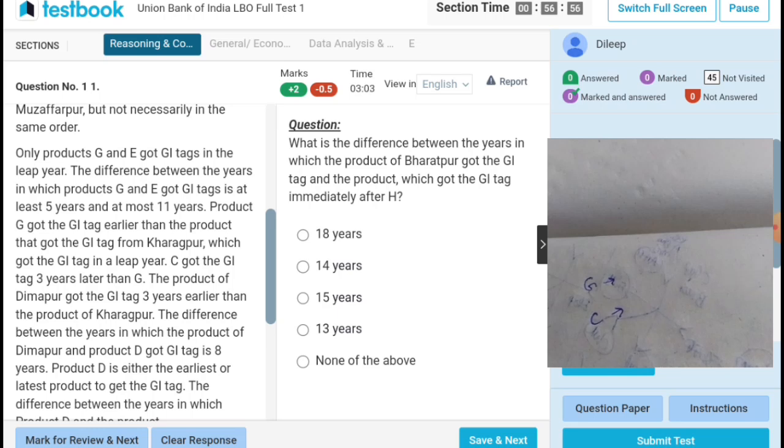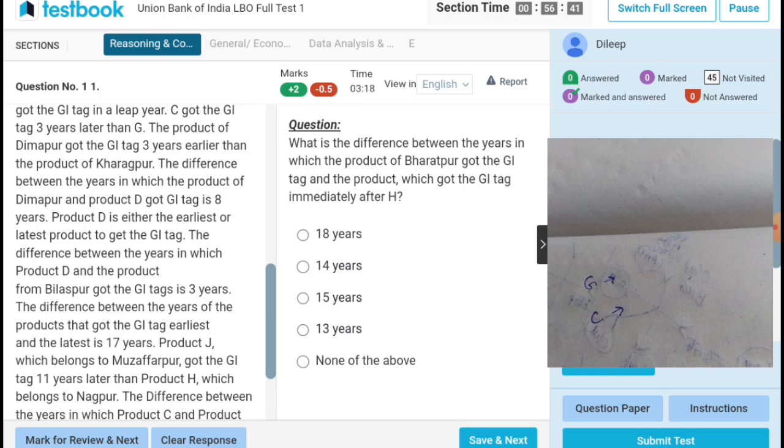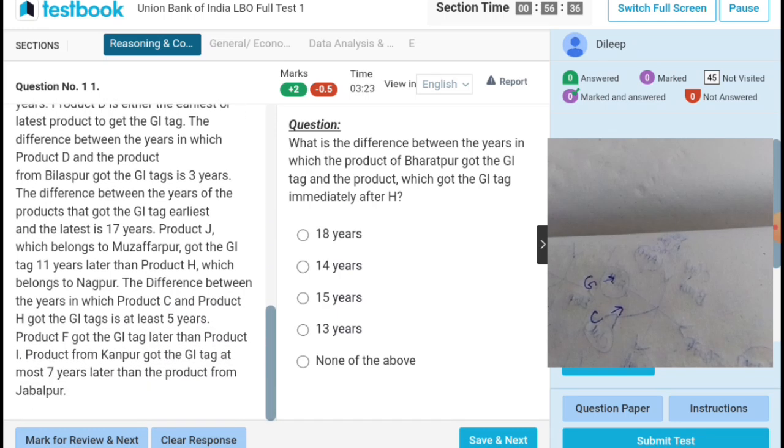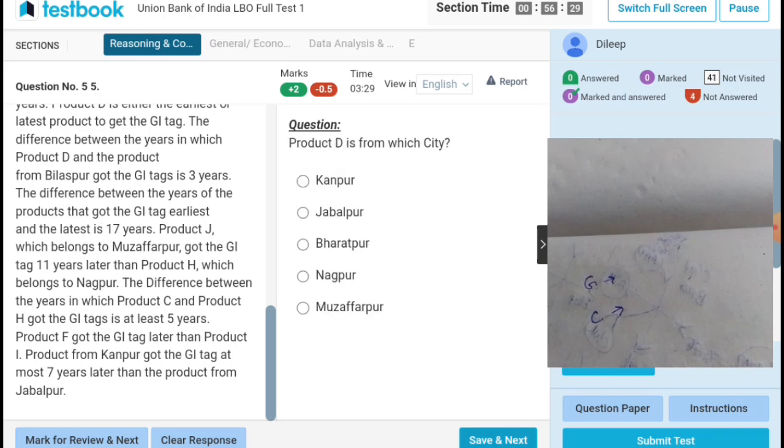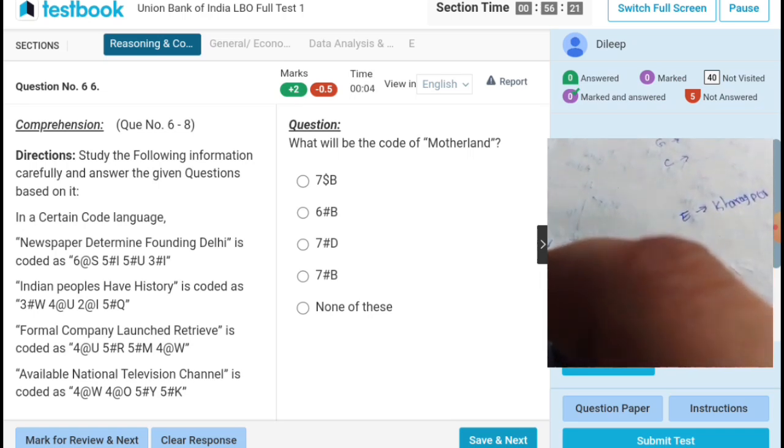And 2004. So D is the earliest, I think. I think this is a little bit moderate level. We'll solve it later because it takes more time to solve.